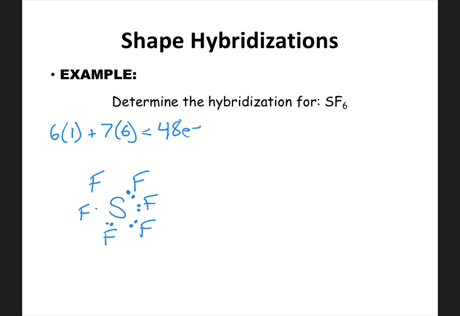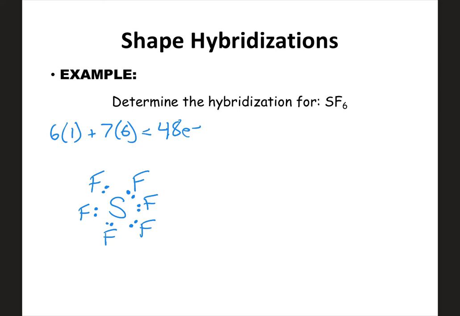With these bigger ones it gets a little bit tougher to show this correctly without getting the dots all bunched up, but do the best you can. Whoever's next to your center shares at least a pair with the center, and now you make everybody happy. Right now, sulfur is good. He's actually over happy. He's got 12 electrons. He's expanding here.